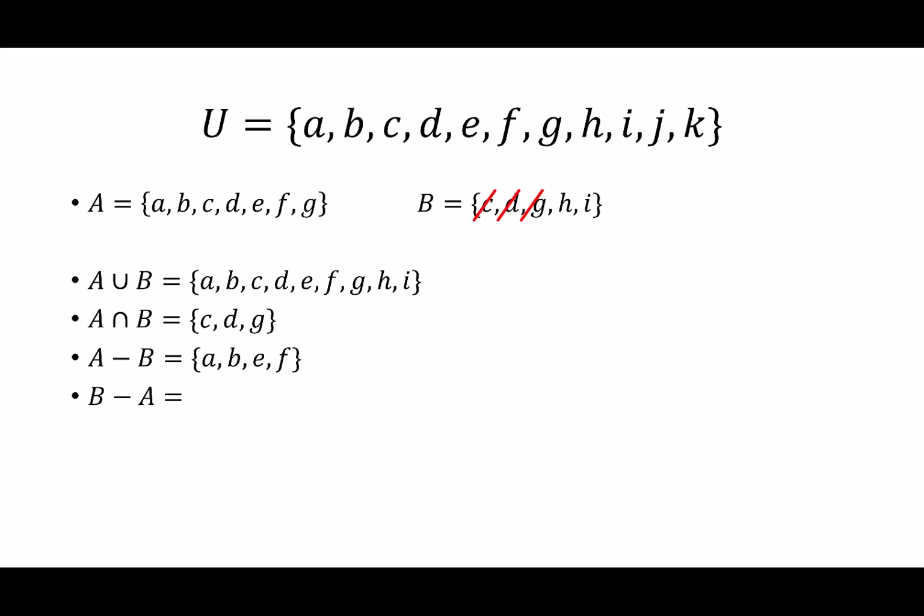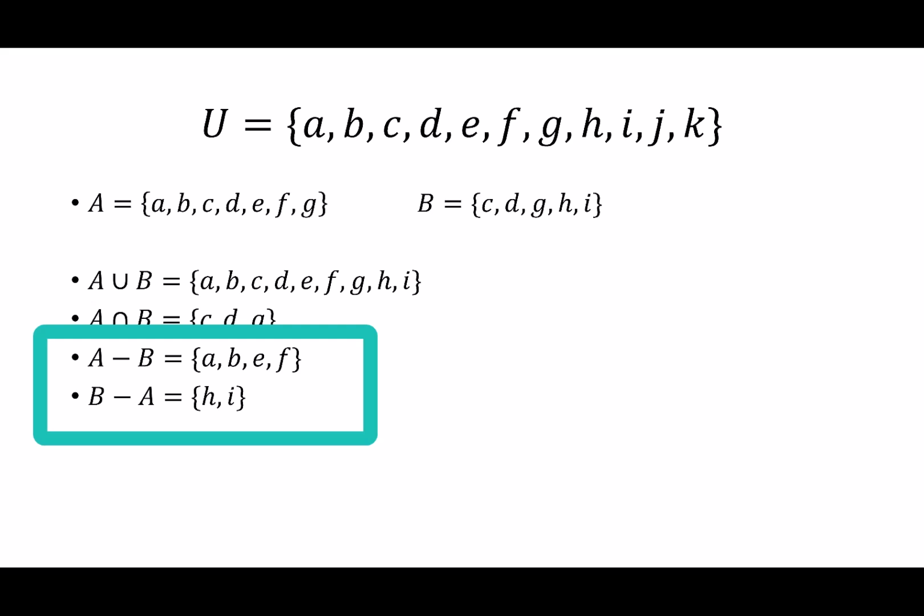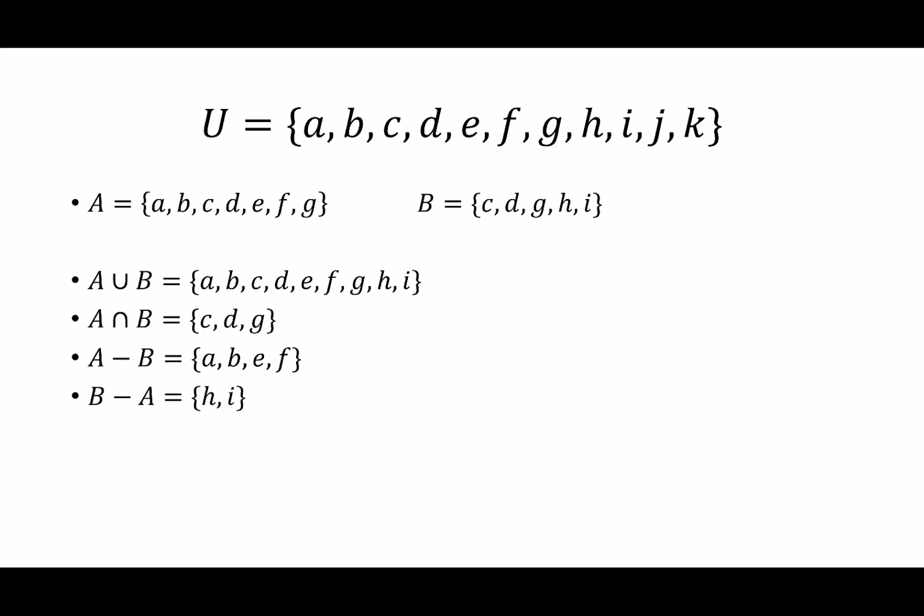We know C, D, and G are a part of A, so we would take those 3 elements out. That means we just have H and I left. I want you to notice that order matters when I do the difference of sets. A minus B and B minus A are always going to be different. But when you look at union or intersection, order doesn't matter.